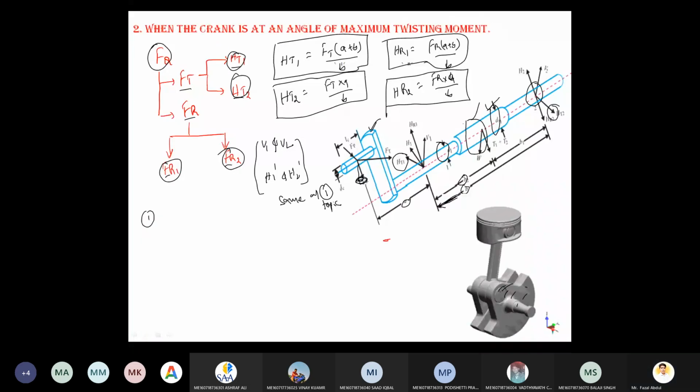Because this is not a full length. So Fr into 0.75 into LC plus 0.5 into its thickness, half of the portion. It means at its central, the bending moment is calculated.